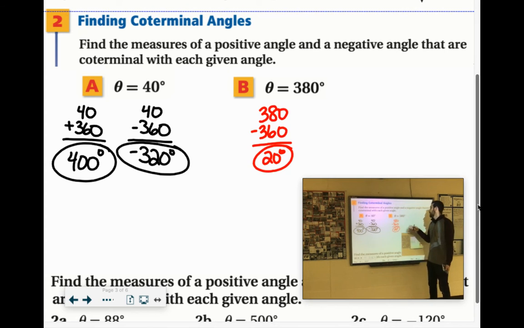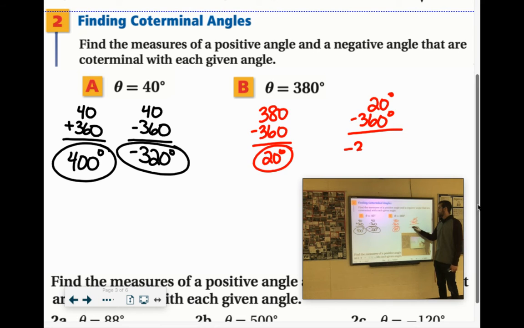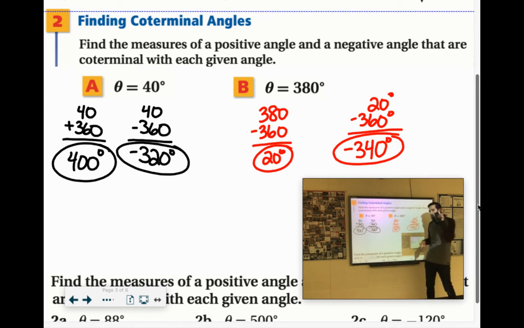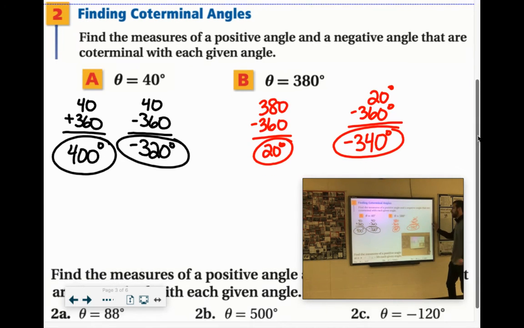That works too. But we still got to go further into the negatives. So we're going to do 20 minus 360 more, which will give us negative 340 degrees. So a wee bit of trickery there.